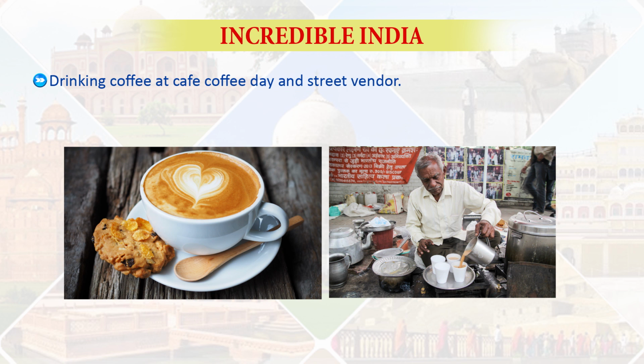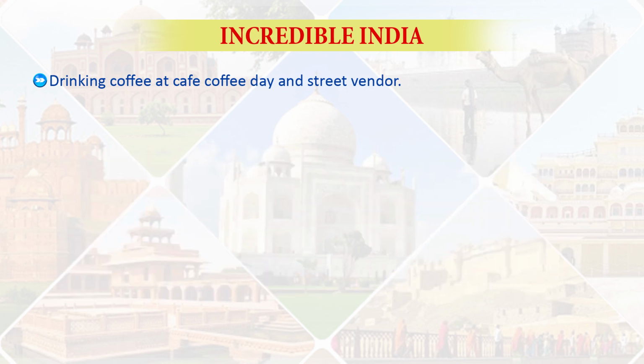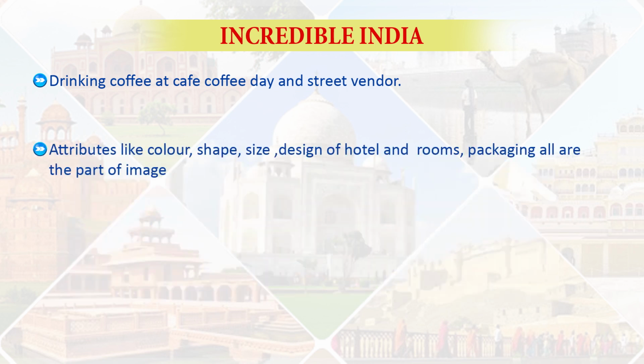So product designing at each stage, be it development of infrastructure, transportation, the product itself, accommodation or any peripheral, the color, shape, size, design, even of the rooms are very important, and sometimes that passes as a status symbol also. The packaging is also very important when we talk about product design.